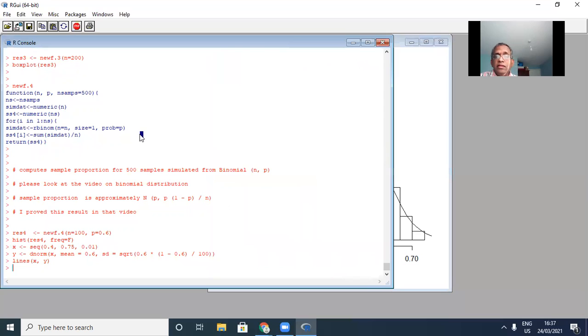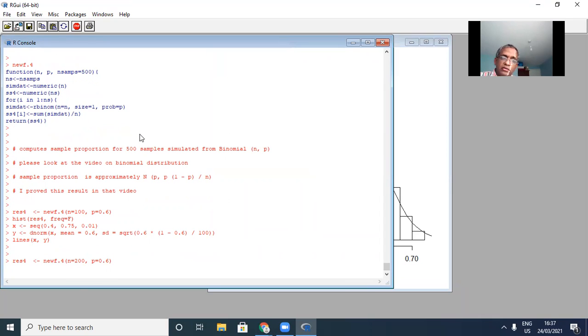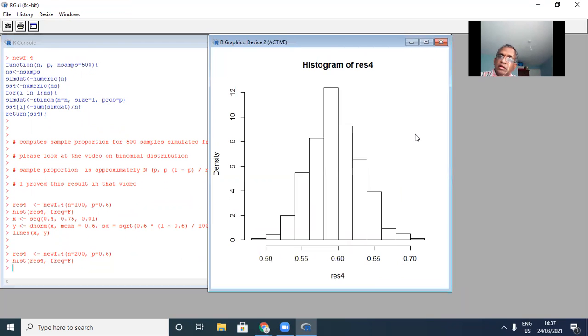All right. Now let me repeat this with a different value of n. Let me show you how to do this for n equal to 200. Again, you use the histogram. It looks like this. The x-axis goes from 0.45 to 0.75.